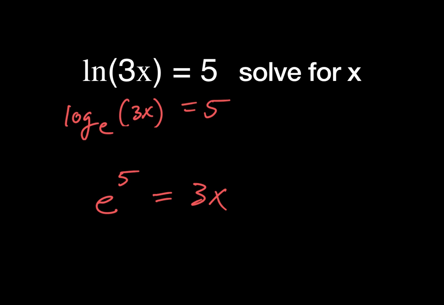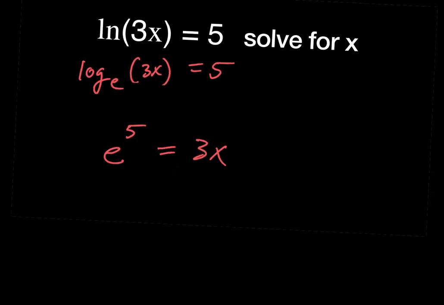The reason why I know it helps is this is just a number, e to the 5th power. So we go to our calculators, verify it with me so that you know how to operate your calculator. If you're using cell phones, you would hit the number 5 and then you hit the e to the x button.